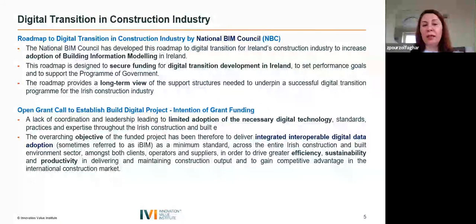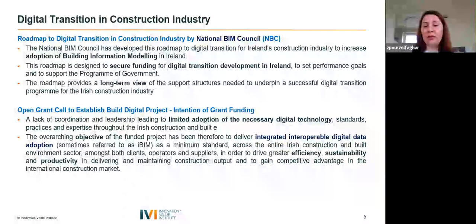And as you can see, it says that there have been some difficulties in technology adoption. And that's the main problem. The main aim of this roadmap and this funding opportunity has been to help and support digital transition in the industry.